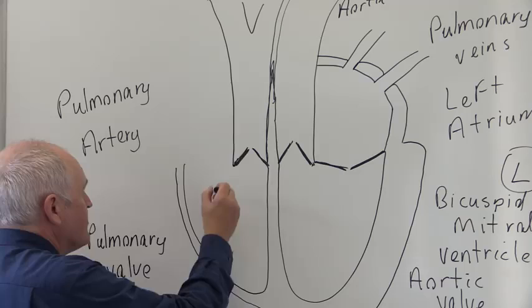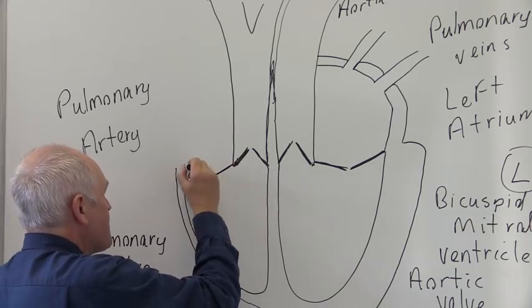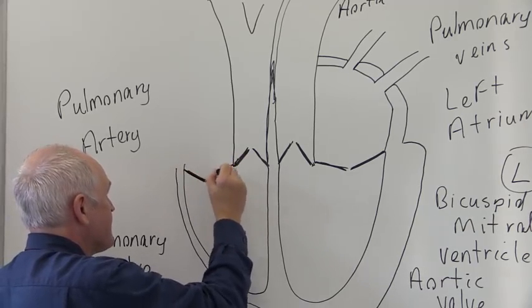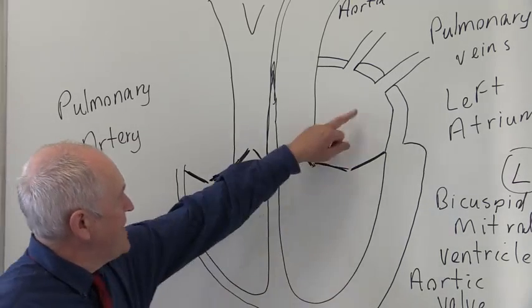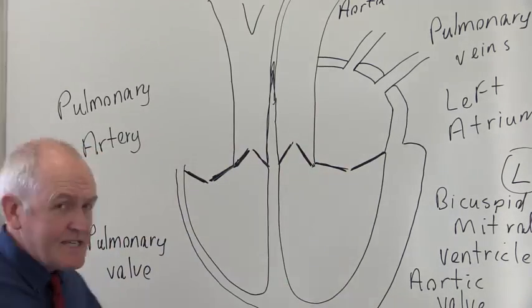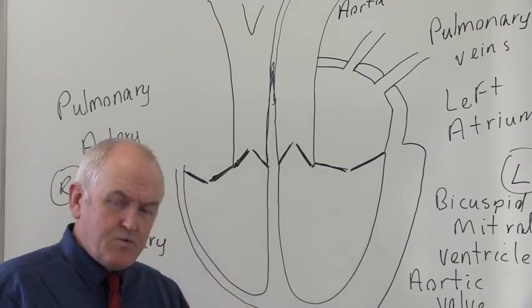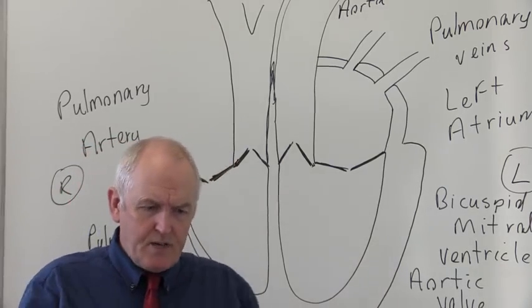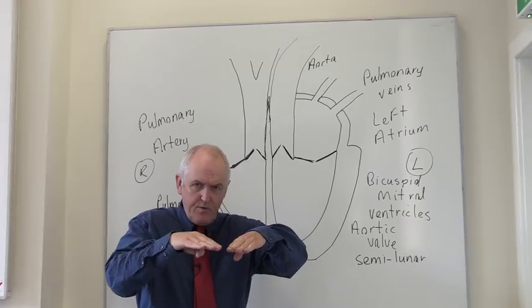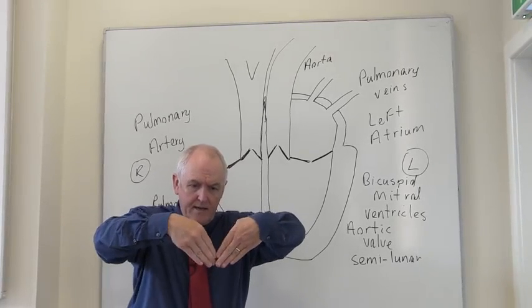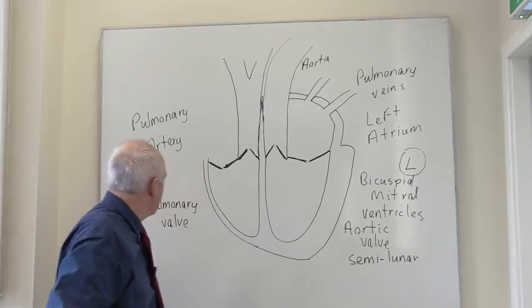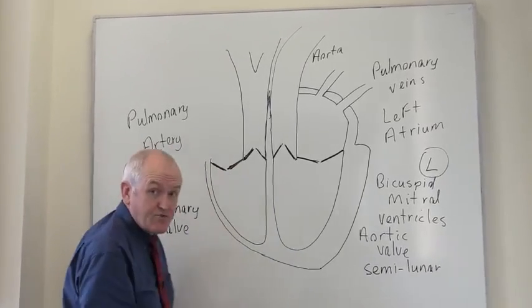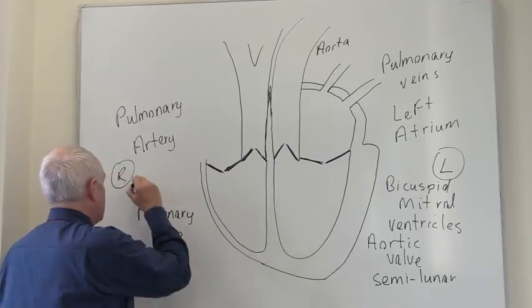Now here we have a valve pointing down the way, like this. And the valve, the left atrioventricular valve, had 2 cusps. This one has 3 cusps, so I can't do this because I've only got 2 hands, but there'd be one there, and another one from underneath. 3 cusps. So it's called the tricuspid valve.